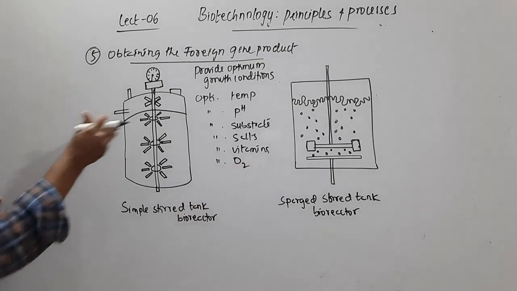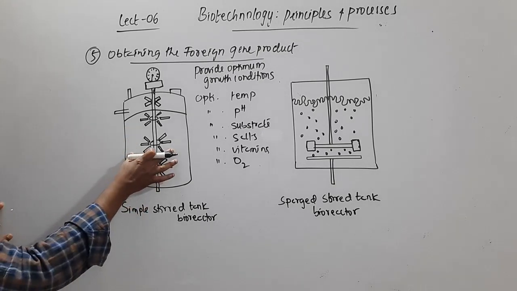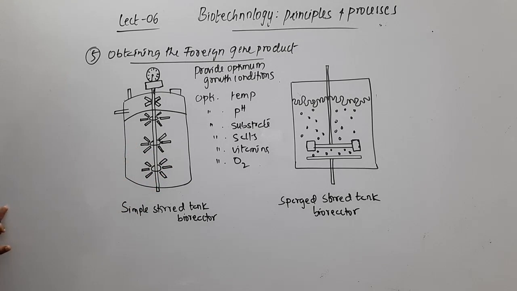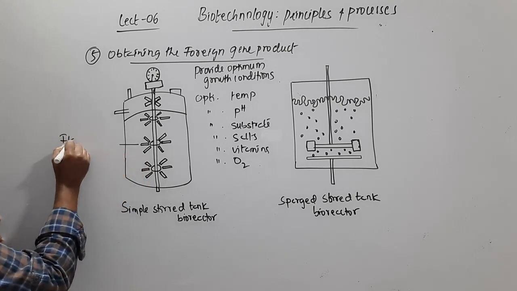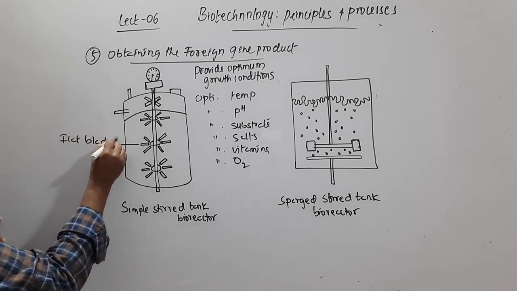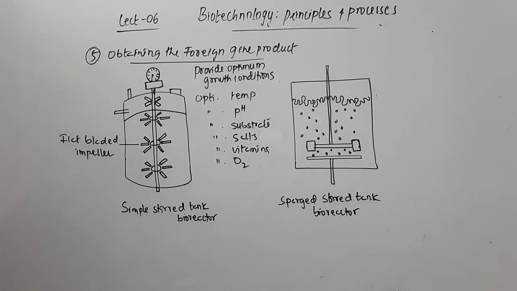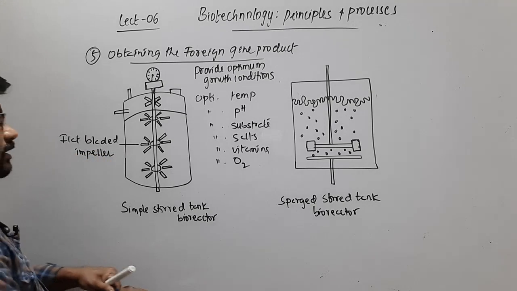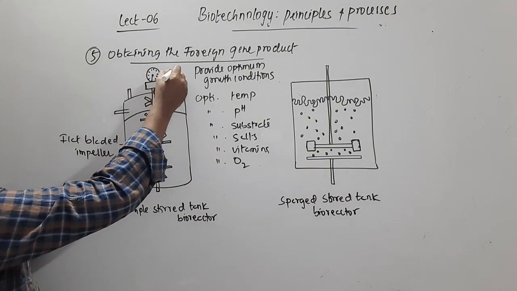In the simple stir tank bioreactor, you see inside there is a flat bladed impeller, and this flat bladed impeller will be rotating because it is connected to a motor.